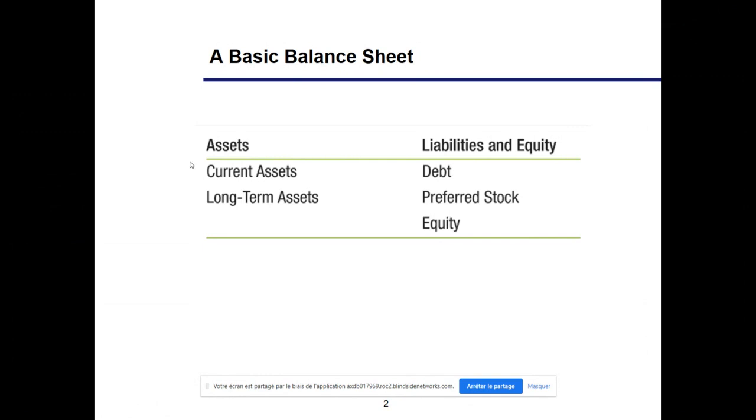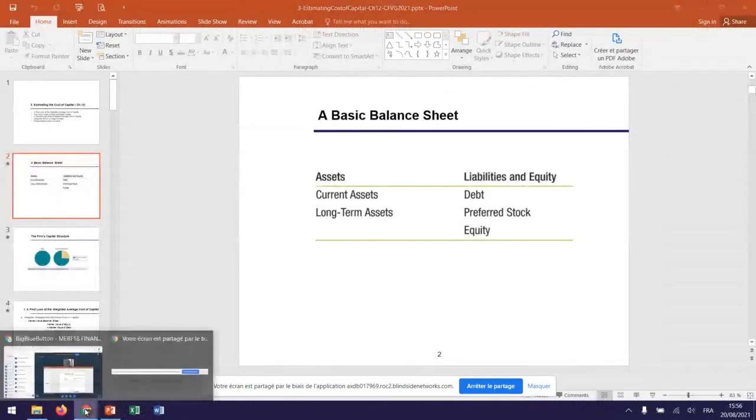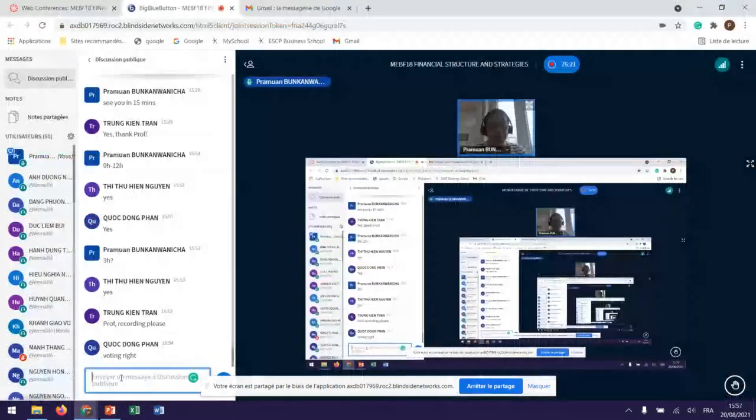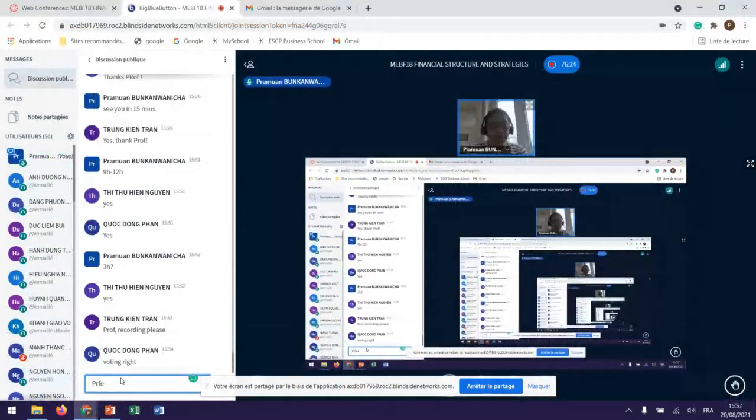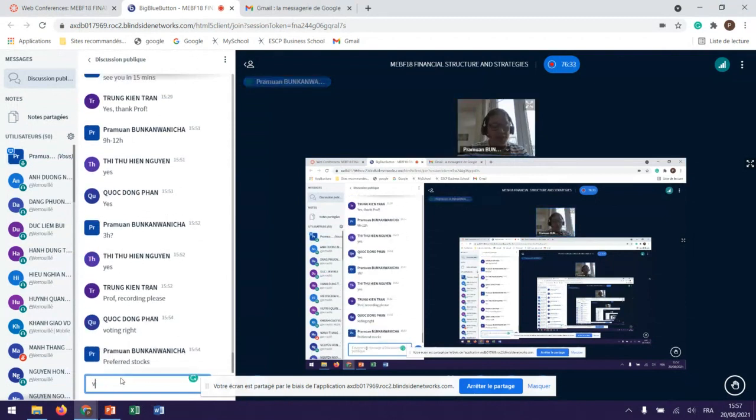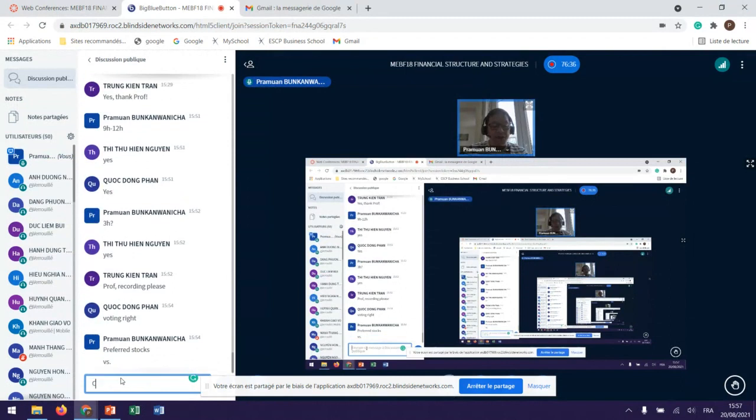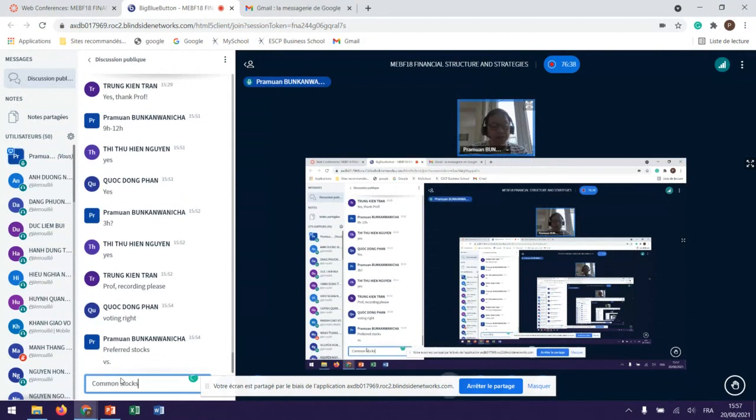What is the difference between preference shares and common shares, or preferred stock and common stock? What is the difference? Somebody know what a preferred stock is? So they have two characteristics that make the difference between preferred stock and common stock.